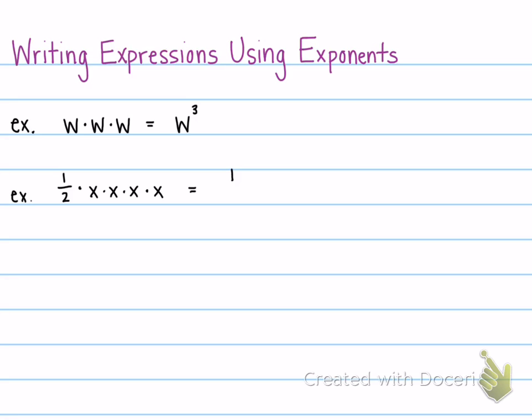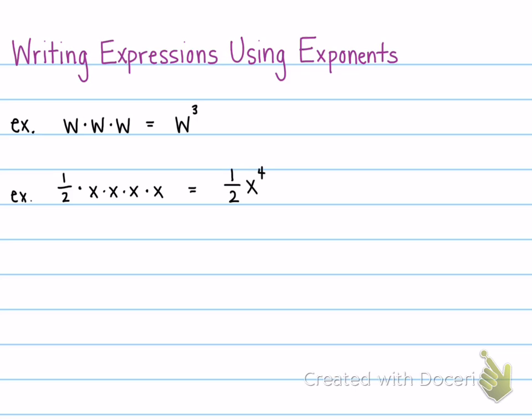So that becomes 1/2 x to the 4th. Just the x is to the 4th, and the 1/2 is the coefficient out front of it. To change this so they both were, you would have to have parentheses around the 1/2 x, so the 4 looks like it's going to both of them. So it works out nicely the way we wrote it there.